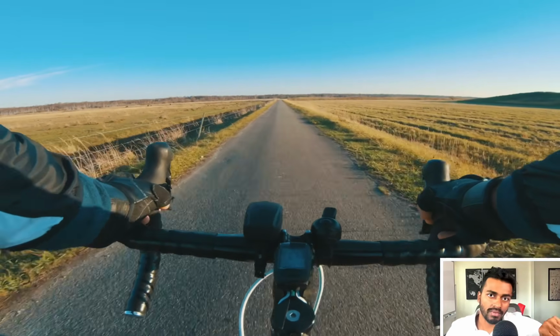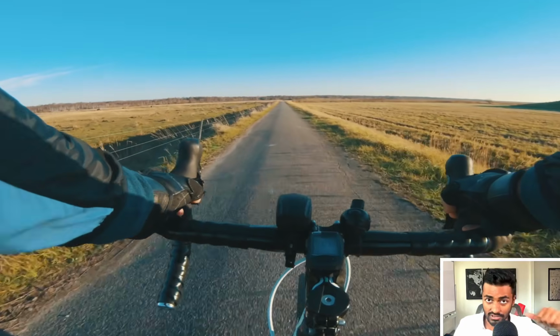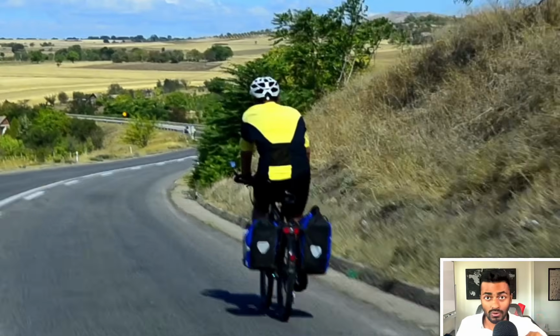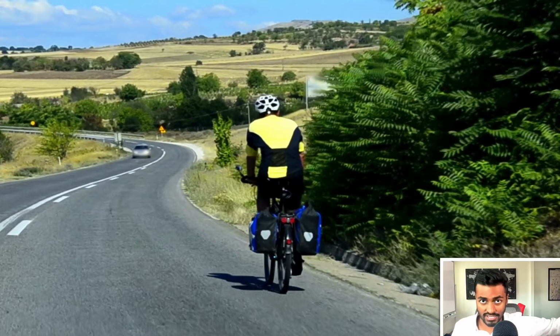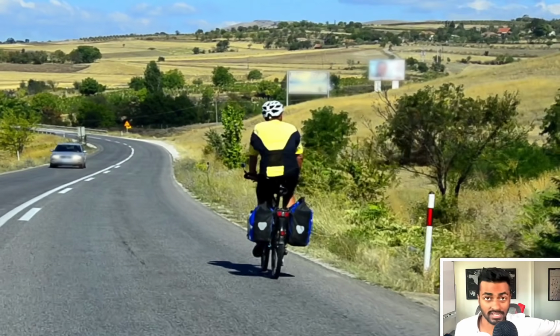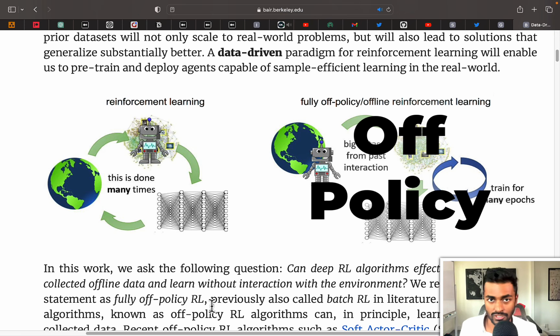But even though you make a little bit of mistakes, you are not adjusting yourself based on your past actions. You are adjusting yourself based on what you have learned from some other person's policy. And because you have learned offline how to ride a bike using someone else's policy that is not your own, this method of learning is off-policy reinforcement learning.